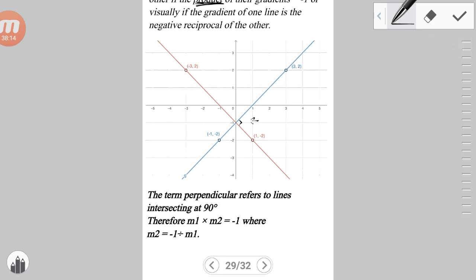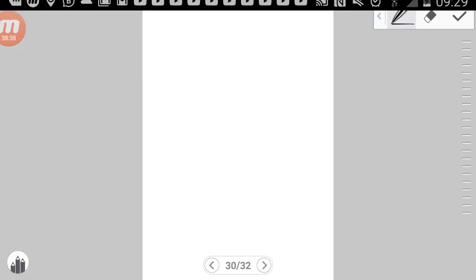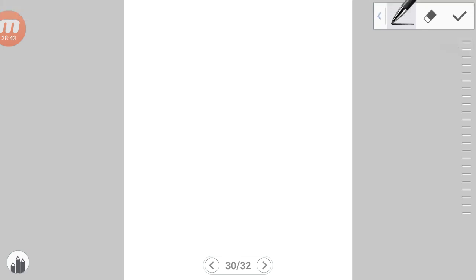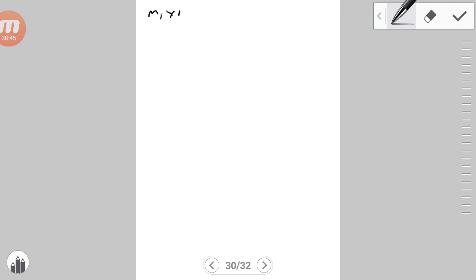So the formula basically, if you want to calculate the perpendicular gradient using the original gradient, once you divide -1 by the original gradient, you'll get the perpendicular gradient. Now there's actually a shortcut method, for example, to avoid the whole concept of m1 times m2 equal -1. That is really good to know though.